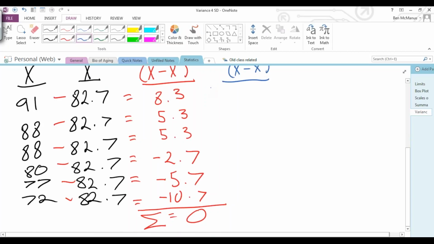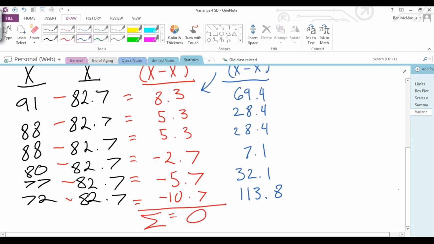So all I'm going to do is square each one of these values. 8.3 squared is 69.4. 5.3 squared is 28.4, and I've got 2 of those. Negative 2.7, this is where it gets beautiful. We get rid of that negative sign by squaring it. And now we have 7.1, 32.1, and 113.8. Okay, so now we have no negatives.